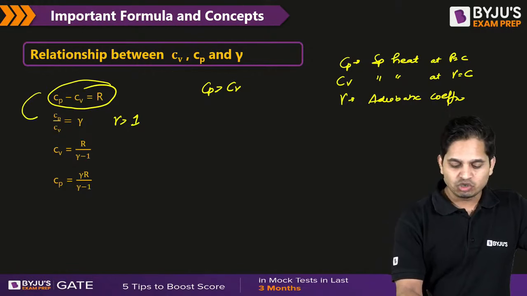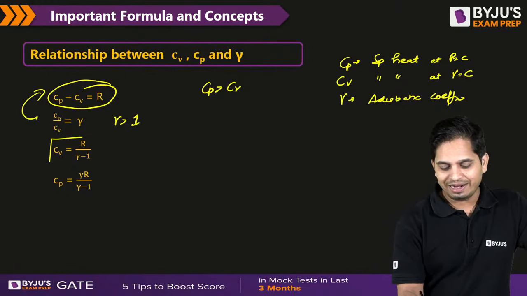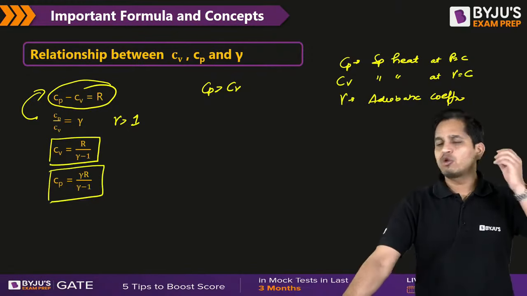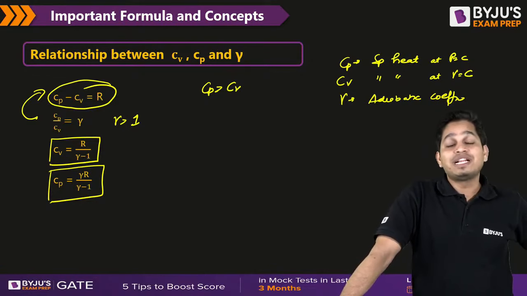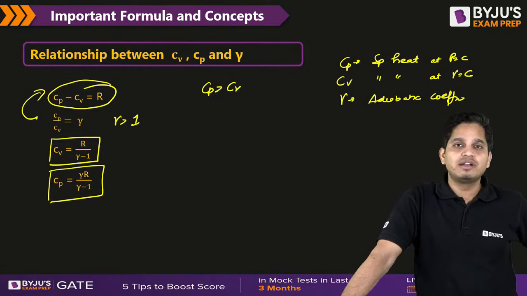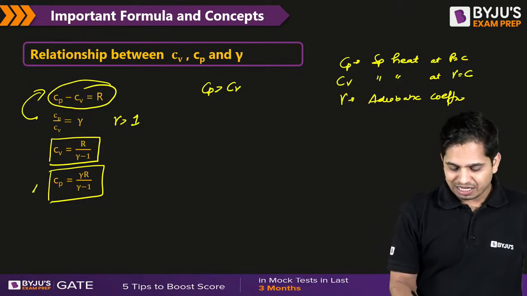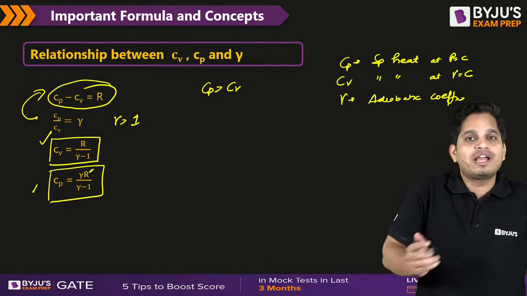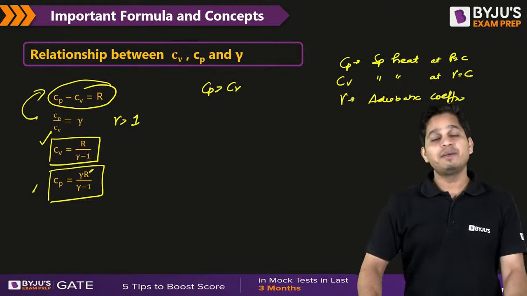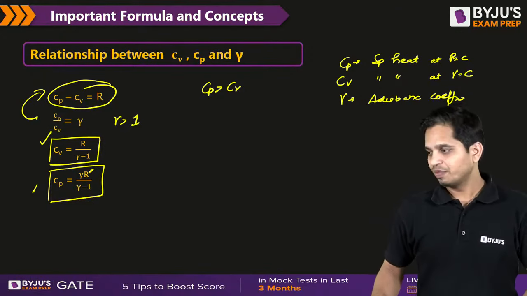Now by using these two equations, I can define Cp and Cv. These are important conclusions that you can directly use in numericals. For example, if Cp and R are given, you can calculate Cv. Or if Cv and R are given, you can calculate Cp. Very important conclusions. Okay, let us move on.